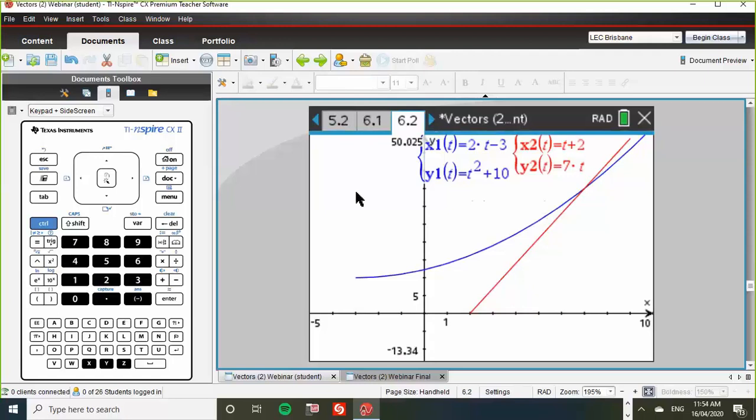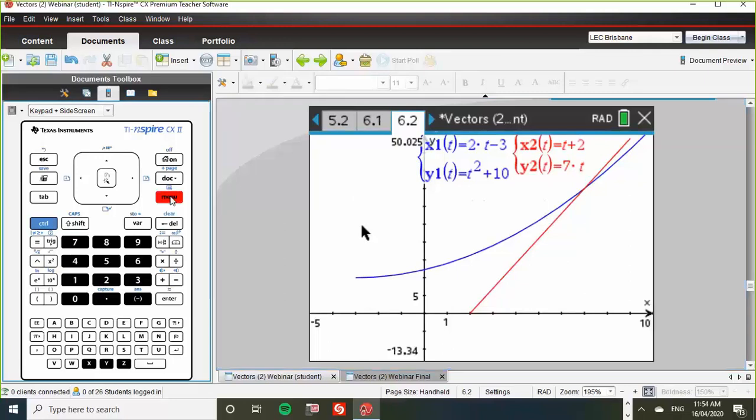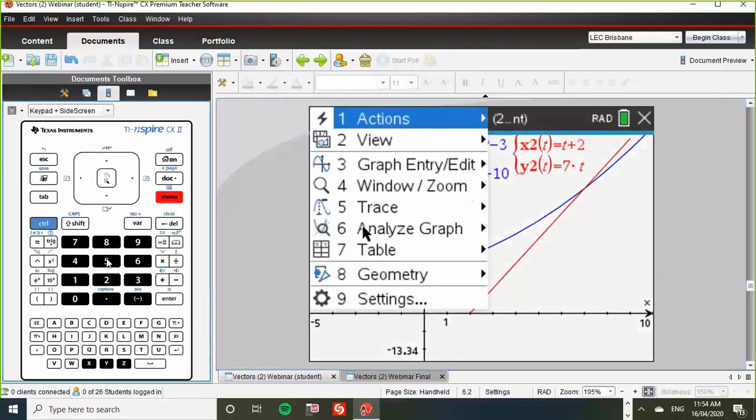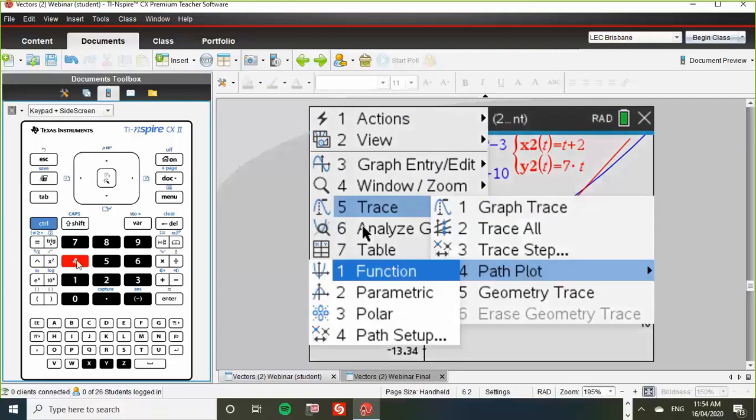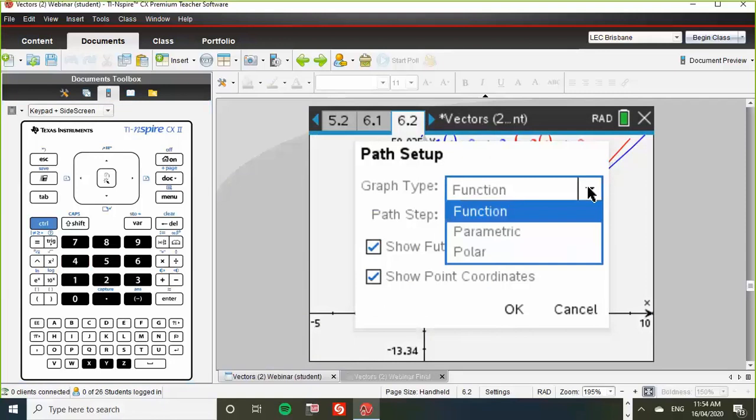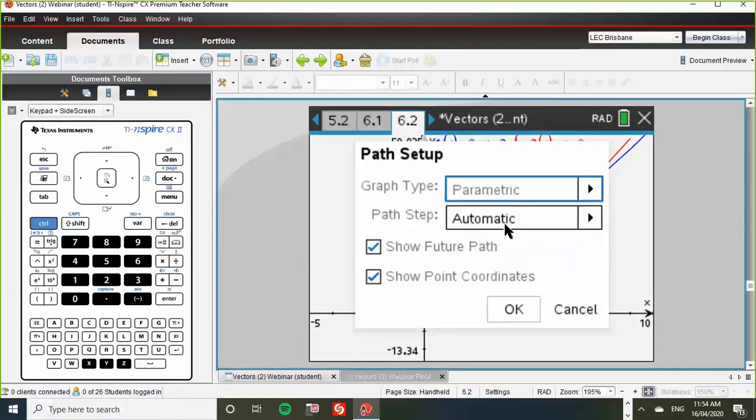So again, I've got the Cartesian equation, or the path of the two particles. One moves in a straight line, the other's moving in a curve. So again, menu, trace, path plot, and then path setup, and we're going to choose parametric.